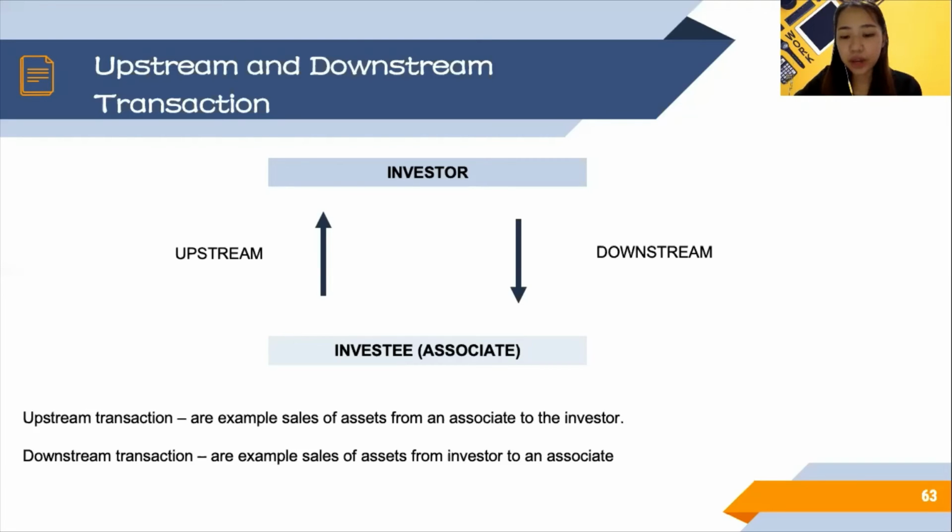So, when we are going to recognize the unrealized profit or losses, since ineliminate natin ito sa intercompany transaction. So, we recognize the profit or losses once the asset is sold to an unrelated party or if the asset is being consumed through the depreciation. So, to illustrate, let's proceed to the illustration.